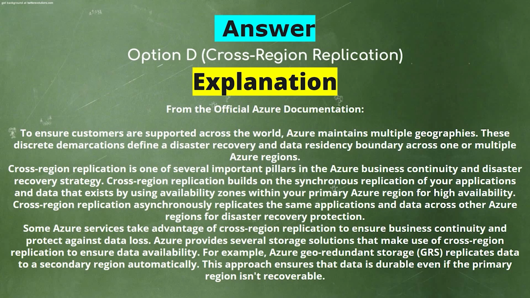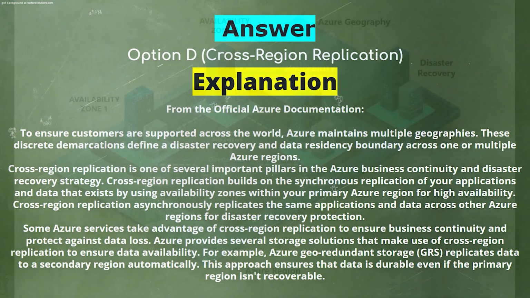Cross-region replication is one of several important pillars in the Azure business continuity and disaster recovery strategy. Cross-region replication builds on the synchronous replication of your applications and data that exist by using availability zones within your primary Azure region for high availability. Cross-region replication asynchronously replicates the same applications and data across other Azure regions for disaster recovery protection.